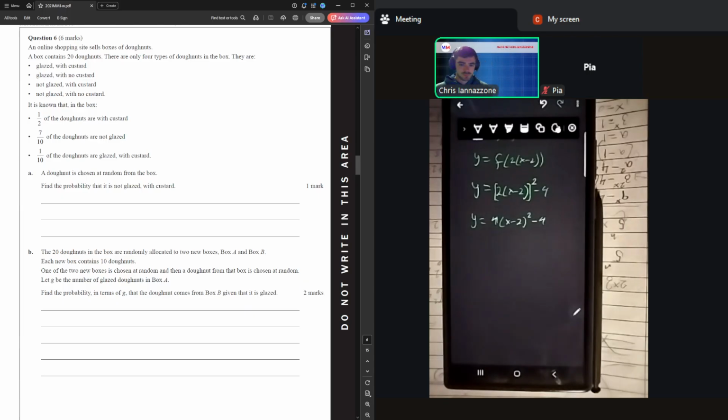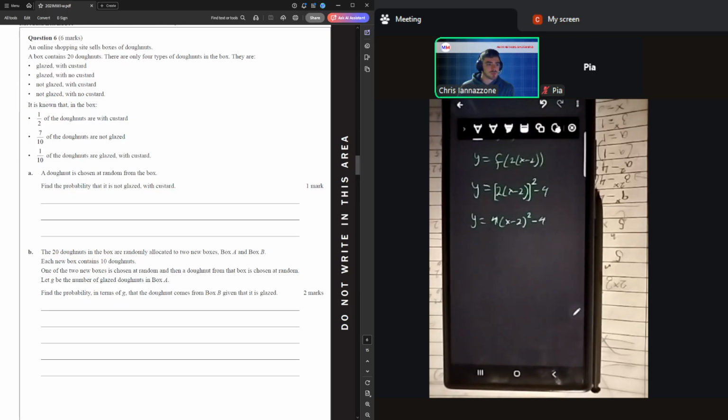Any luck so far? I'm just drawing up a tree diagram right now. Tree diagram's doable. It's probably a bit hard to do as a tree diagram, because tree diagrams imply some sort of conditional probability with each of them.